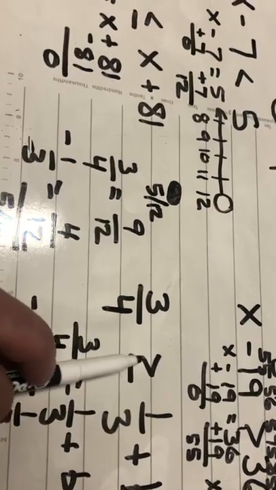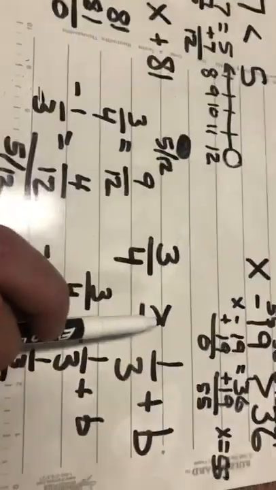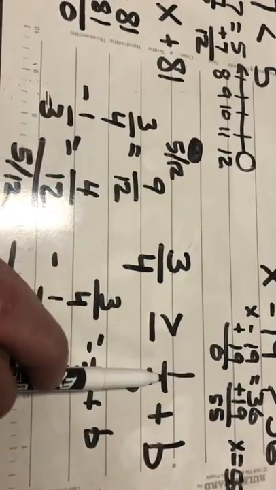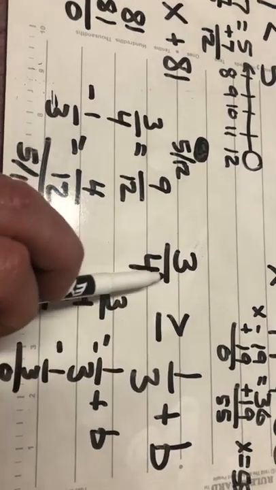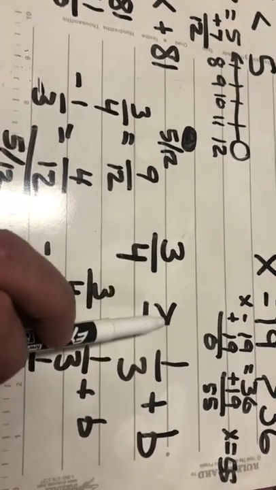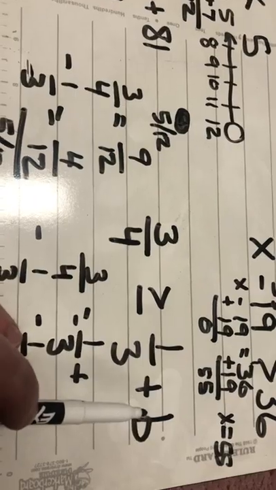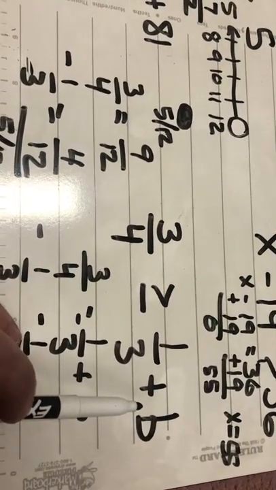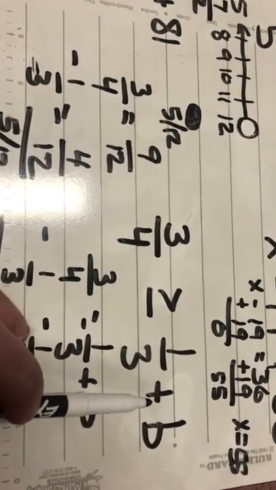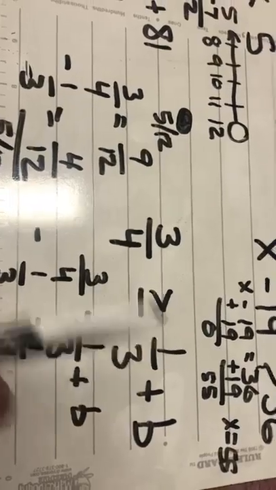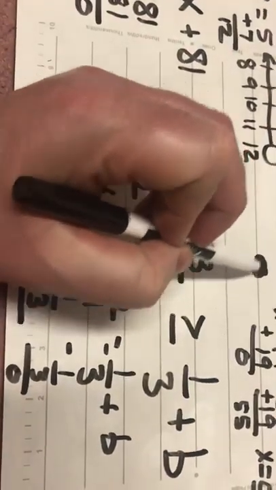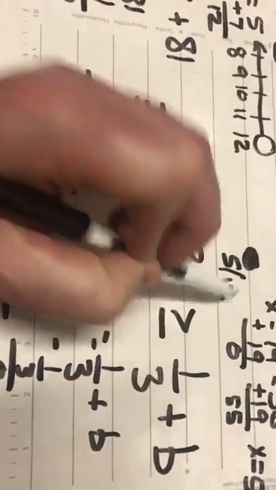Now, 3 fourths, it's open to the 3 fourths, which means that the b is on the smaller side, okay? So which means then that my graph is going to need to go left. So let's bring it over here, shaded circle over 5 twelfths.